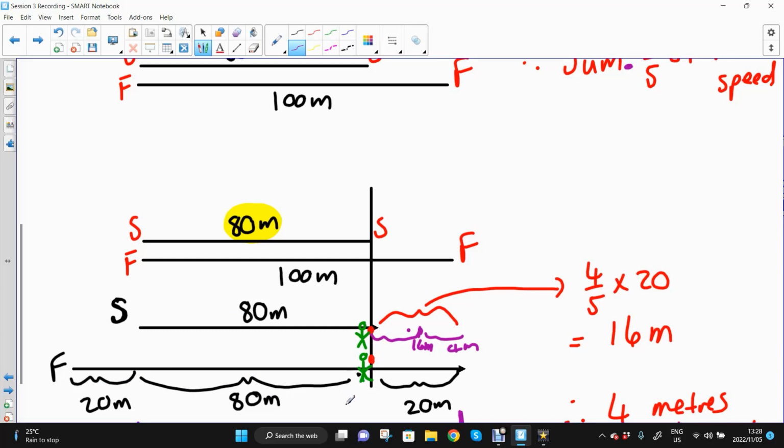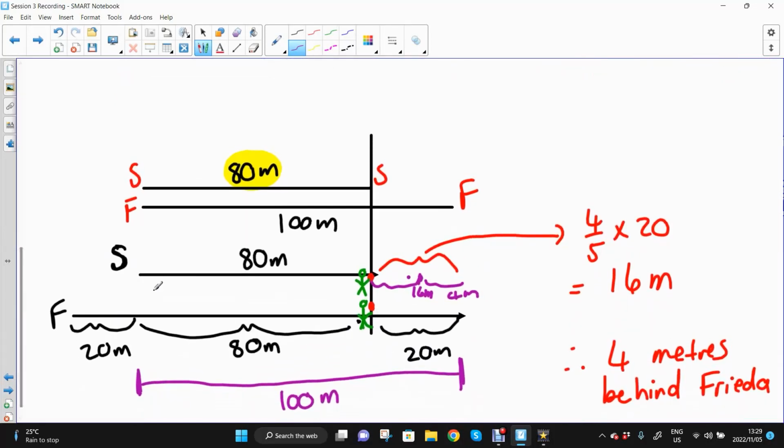But from the previous question, we know that Sumaya runs 4/5 of the distance that Farida runs, so we can actually work out where Sumaya is. We can see at this stage where they are lined up, Farida only needs another 20 meters to run 100 meters.